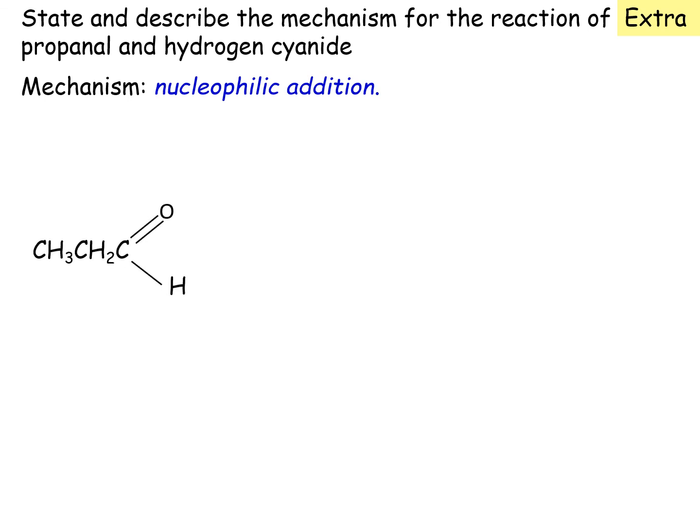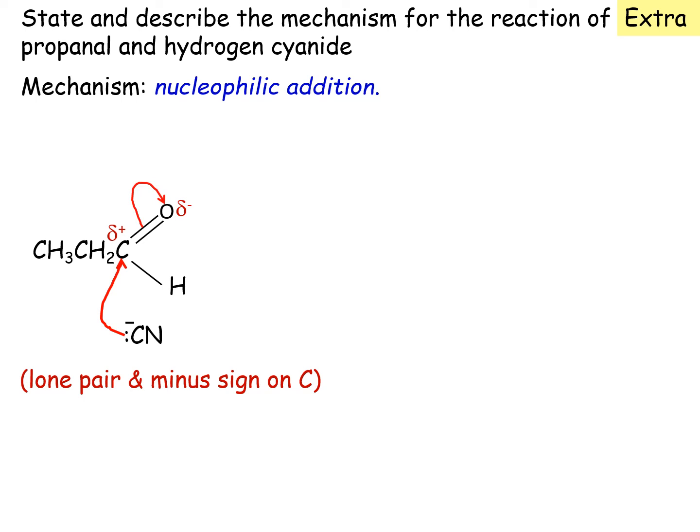Then the describe, well, that's your diagram showing the curly arrows. So we've got our permanent dipole on the C double bond O. We've got our nucleophile, the cyanide ion, with the curly arrow going from that lone pair on the carbon to the partially positive carbon of the propanal. And then the breaking of the pi bond, shown by the curly arrow.